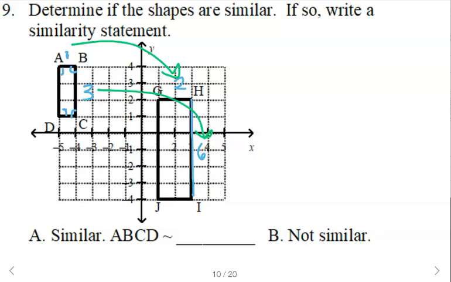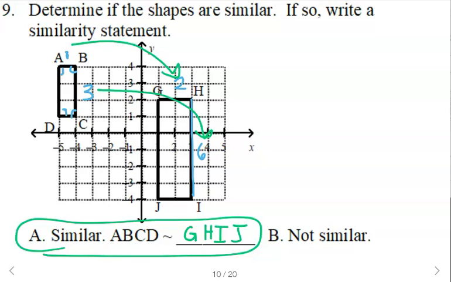So these are similar. Now we'll name them in the way they correspond. G matches up with A, H matches up with B, and then I and J. So say these are similar because all the corresponding sides are proportional and the corresponding angles are congruent.